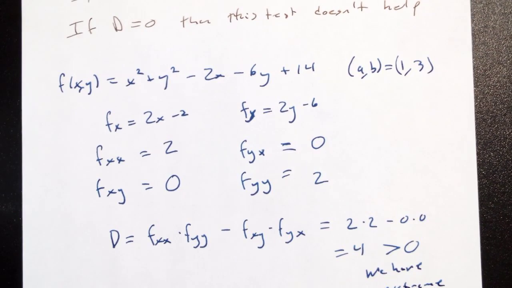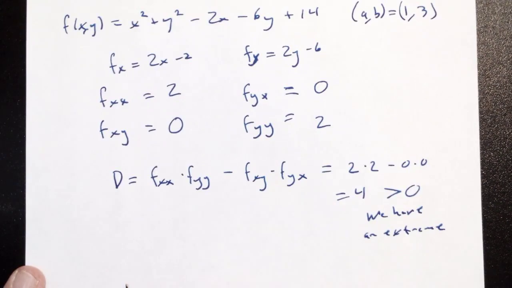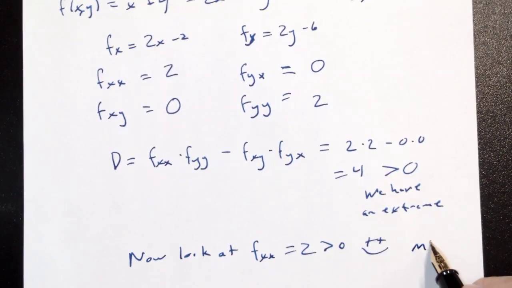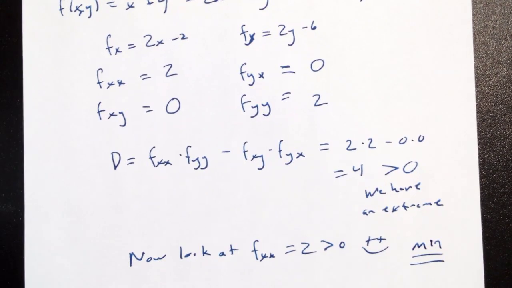Jack? Isn't it based off of fxx is positive or negative? Yes. Since the second derivative there is positive, we are concave up. And that means we have a minimum, which matches what we got because we knew this was a paraboloid and it opened upward.